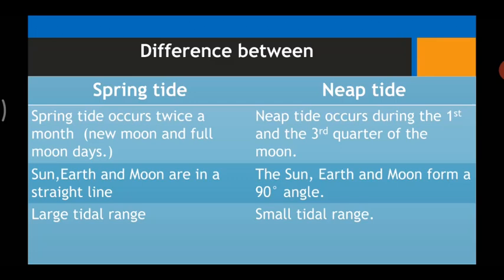In spring tides, the positions of the sun, earth, and the moon are in a straight line, whereas in neap tides, the sun, earth, and the moon form a 90-degree angle. Spring tides have a large tidal range, while neap tides have a small tidal range.